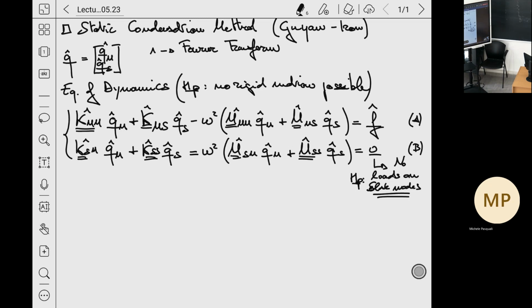Now, the Guyan iron condensation was rooted on the fact that we divided Qs as a static part and a dynamic part.